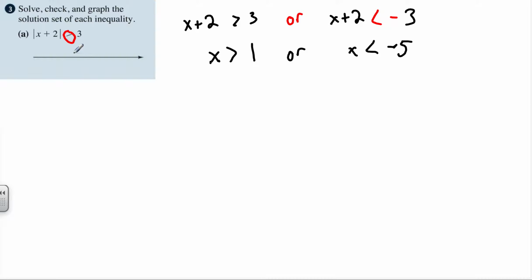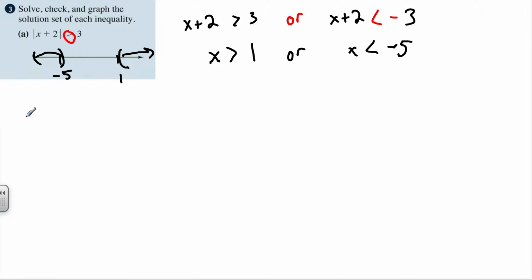So we're dealing with negative 5 and 1. Greater than 1 goes to the right. Less than negative 5 goes to the left. And this should be our solution.